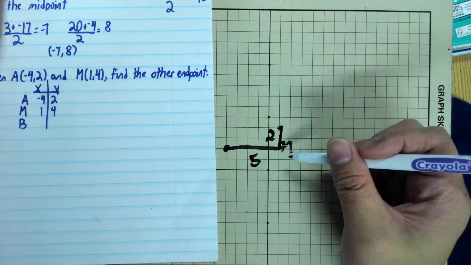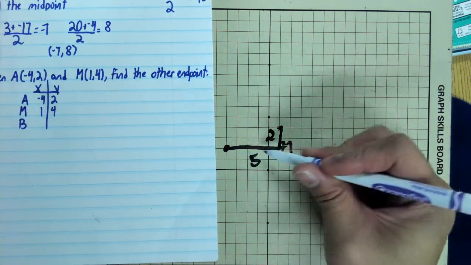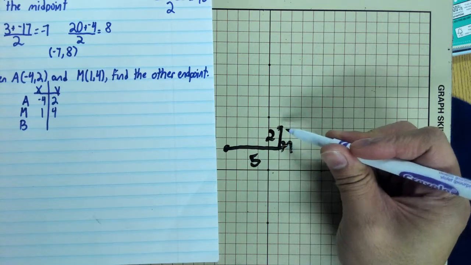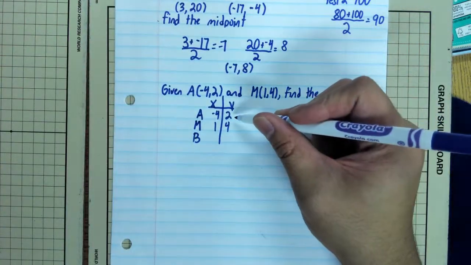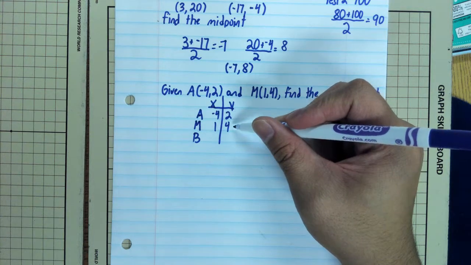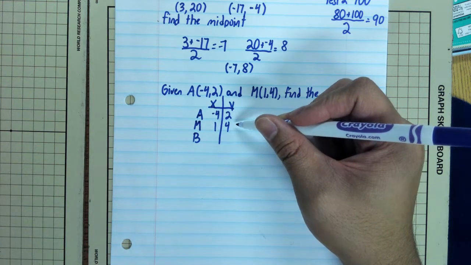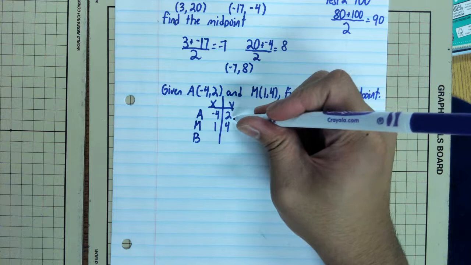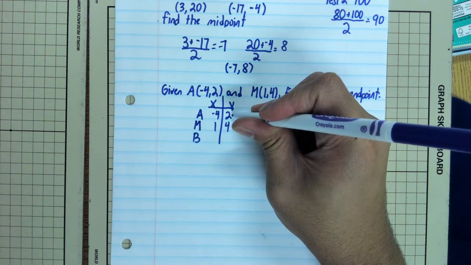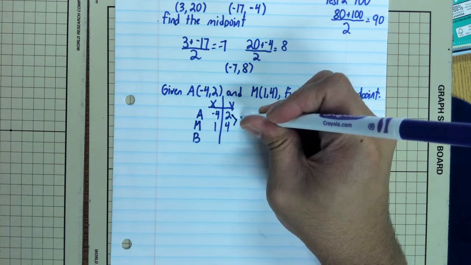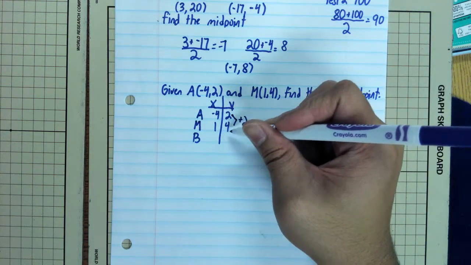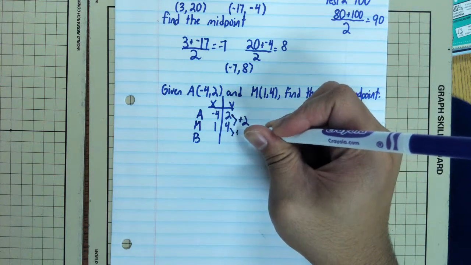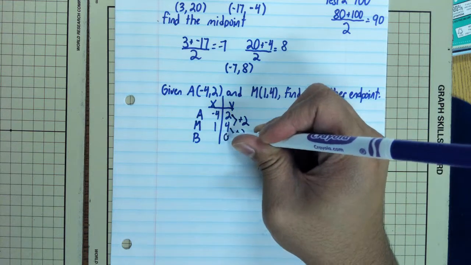So we want to figure out the change in the X and the change in Y. So take a look at this. Going from +2 to +4, how much do I add? You can see that going from 2 to 4, we add a +2. That means to get to my next point, from 4, I need to add +2 to get 6.